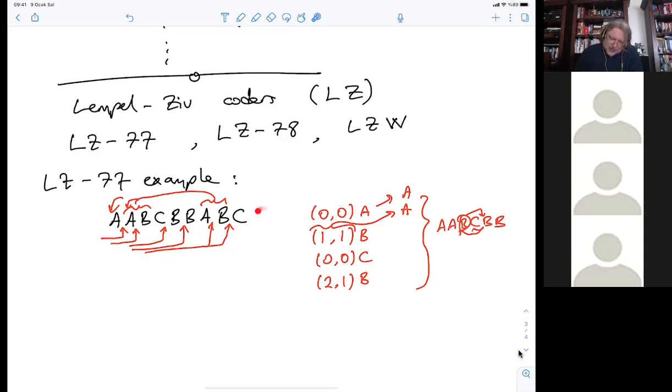So I have nothing here. So I have to use this C as the last message item to be encoded. So I have to go back by 5. Instead of 3, just copy 2. Just copy A and B, and after that comes C. And this whole thing corresponds to A, B, C, B, B, A, B, C.